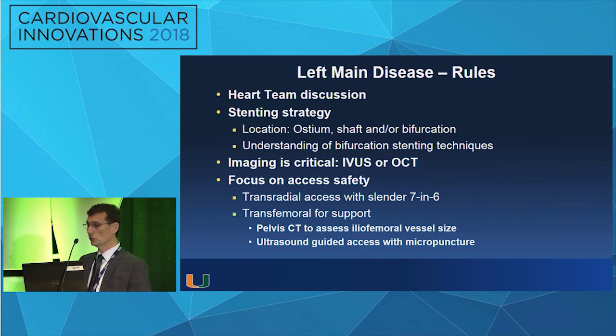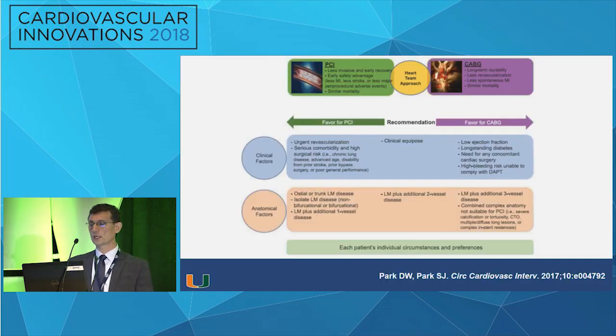Imaging is also critical in these cases, either by IVUS or OCT. And because I've been doing radials for a few years now, I always like to focus on access safety, not only by doing transradial, but also by best practices in femoral access, or now with axillary access if we need to use support.